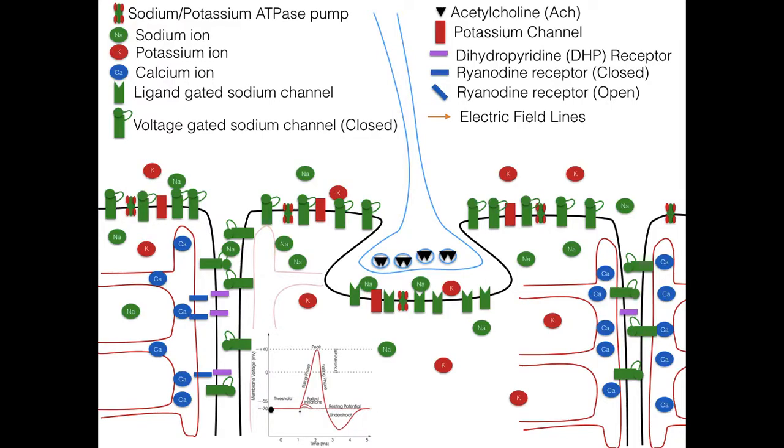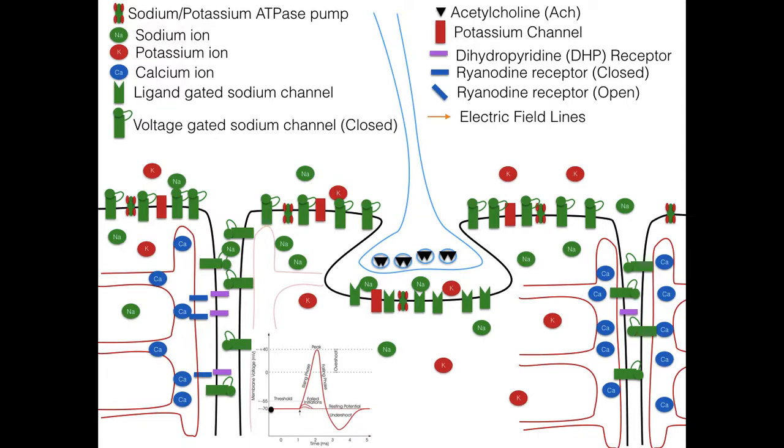We also have, in our neuron, vesicles that contain the neurotransmitter acetylcholine. Those are the black triangles. And we have various types of sodium and potassium channels.